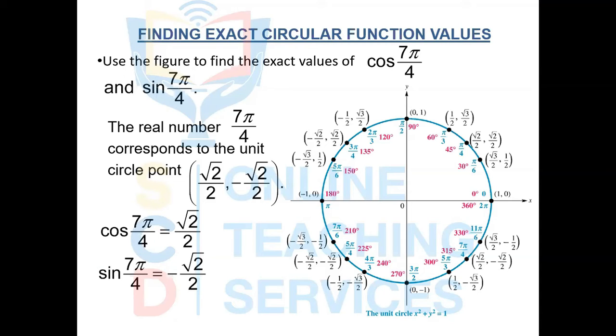So therefore, we can say that cosine 7 pi all over 4 is equal to square root of 2 all over 2, and sine 7 pi all over 4 is negative square root of 2 all over 2. Okay, now, this is in terms of reference angle analysis. So if you use the calculator approximation, then you can use radian measure. Can you actually, Jessalyn, what is square root of 2 all over 2?